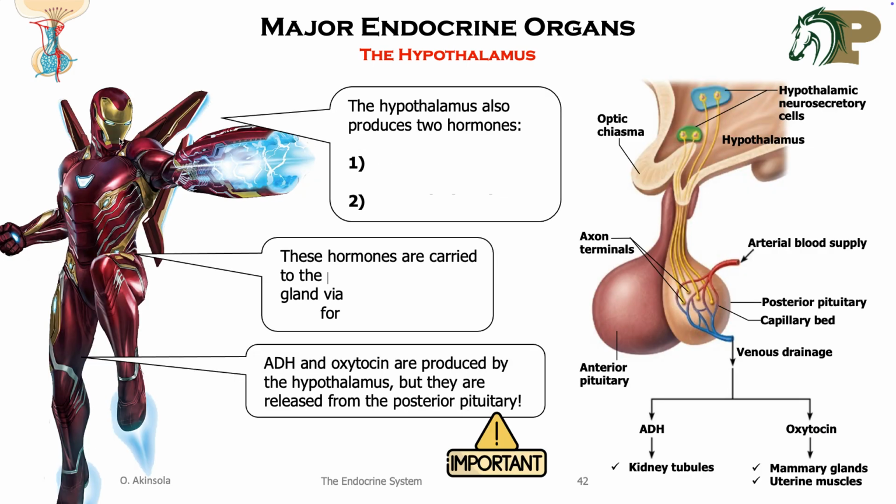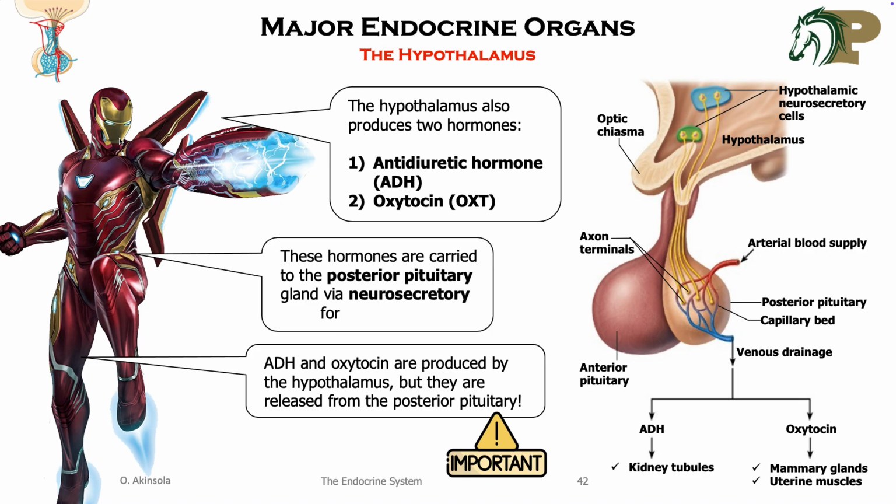The hypothalamus will also produce two specific hormones, antidiuretic hormone, otherwise known as ADH, and oxytocin, otherwise known as OXT. These hormones are carried to the posterior pituitary gland via neurosecretory cells for storage.